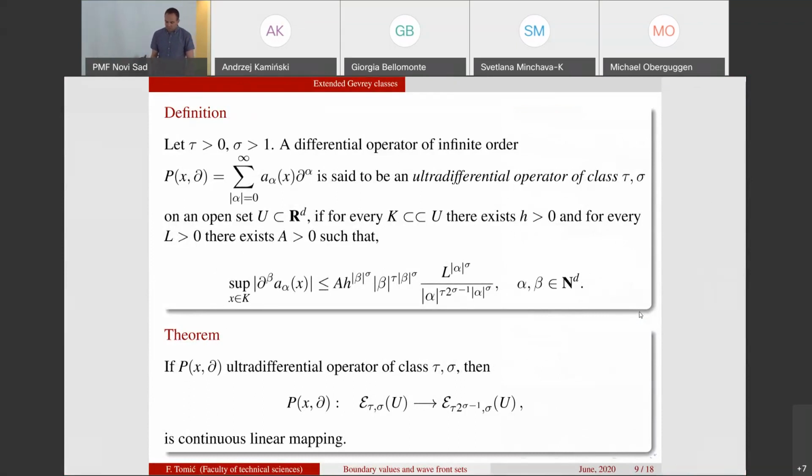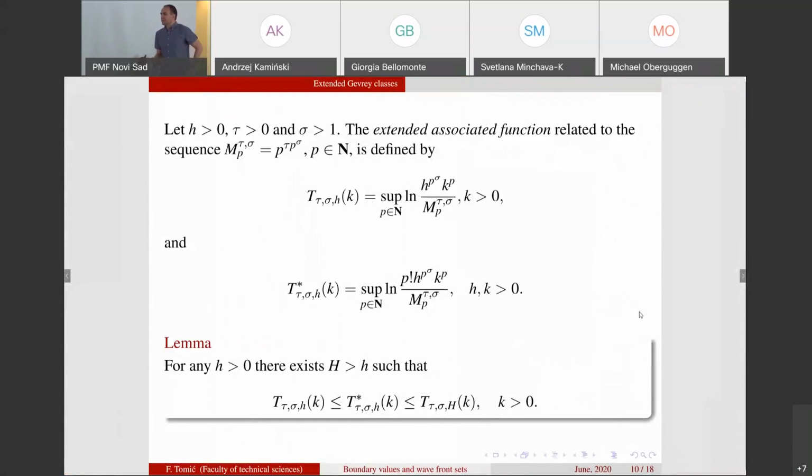So we can actually construct a class of functions between Gevrey and C-infinity, which have the ultra-differential property. And this is the notion of associated function in our setting.